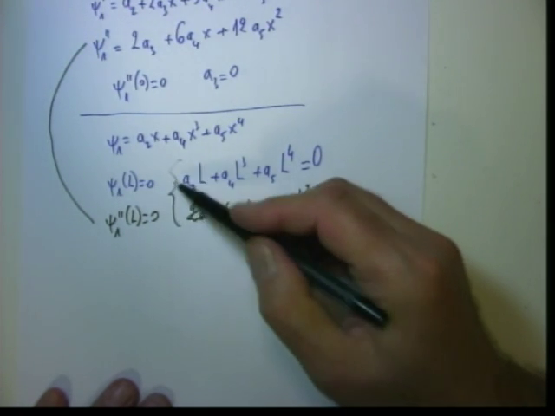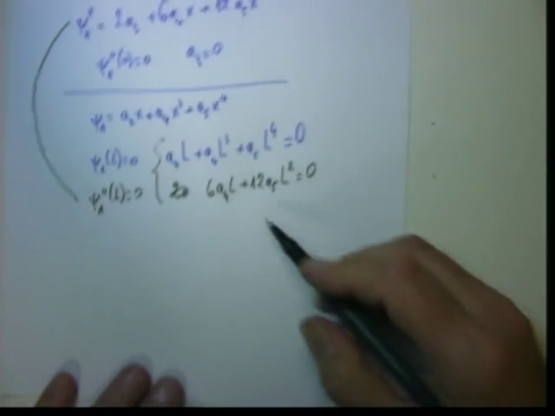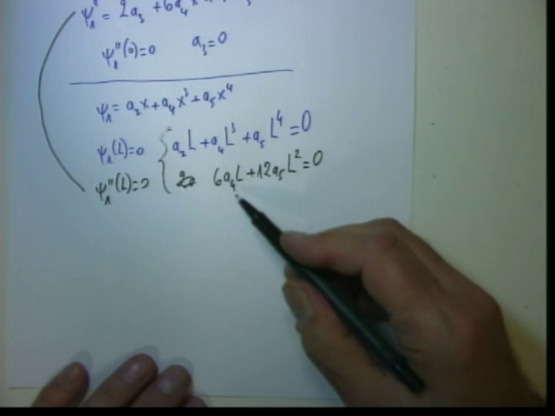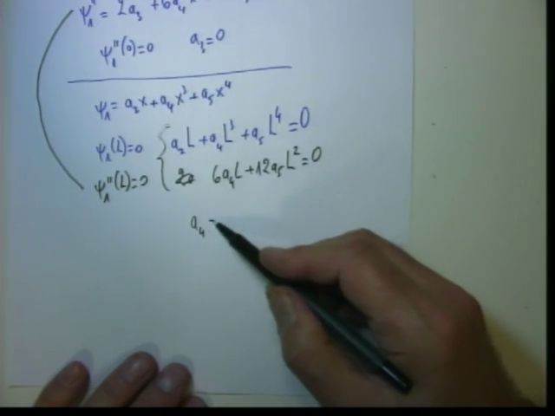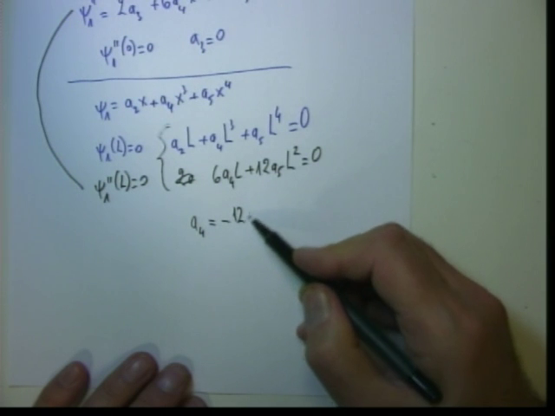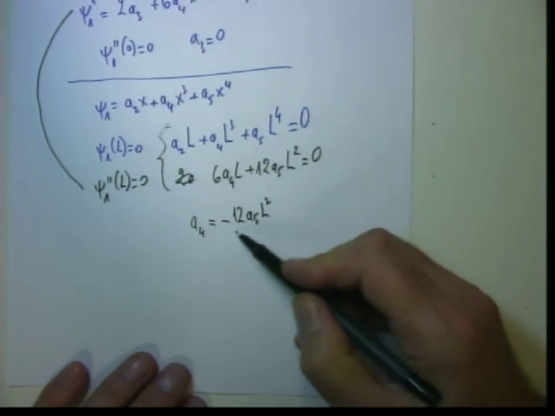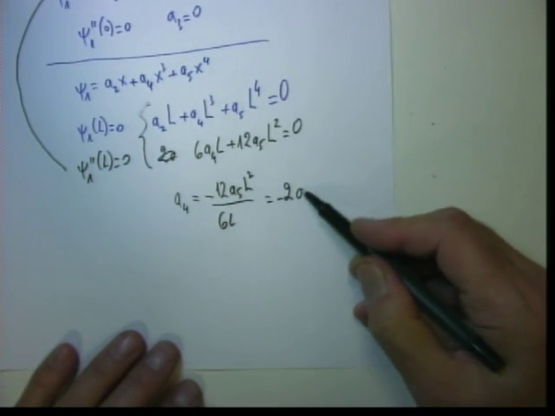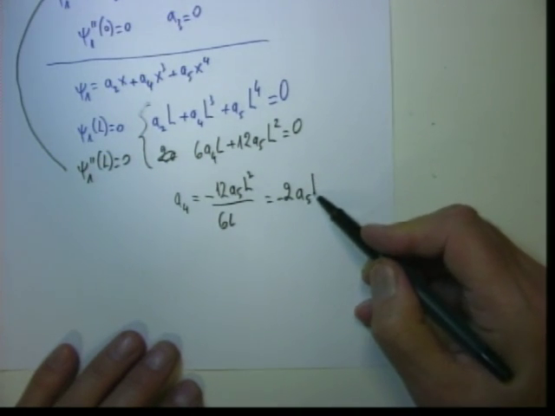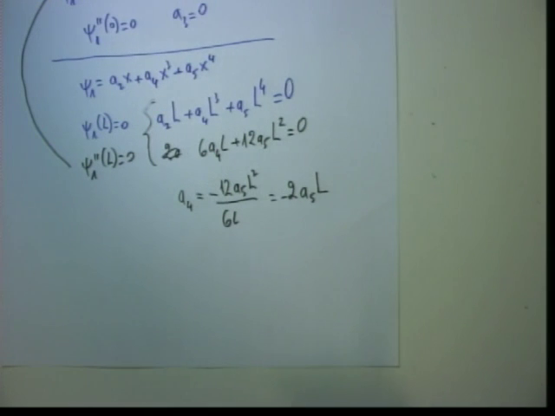So I have two equations. From here I see A4 equals minus 12A5L squared divided by 6L. So it's minus 2A5L. That is A4.